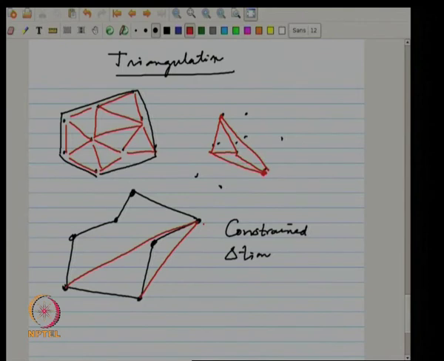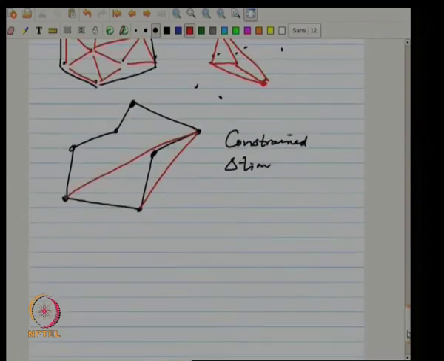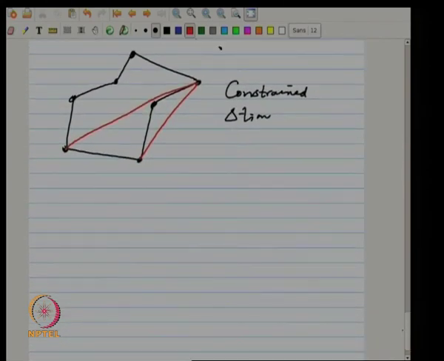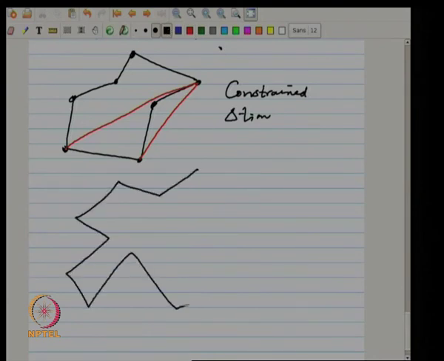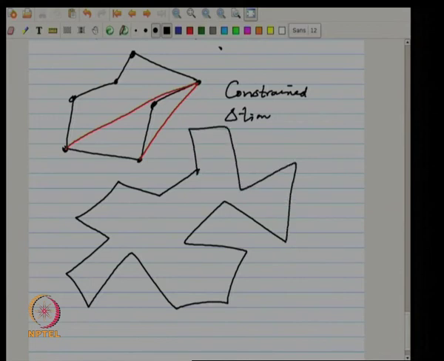So, this is called constrained triangulation, and in fact, it can be even more general, where it need not be a simple polygon, but a polygon with holes inside. We can have a situation where you say this is the outer simple polygon, but I could also have some structure inside, and so forth.